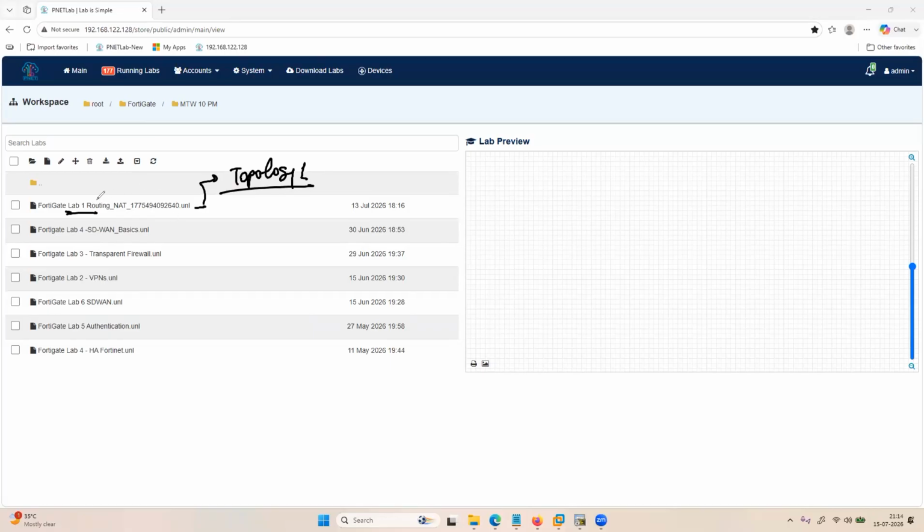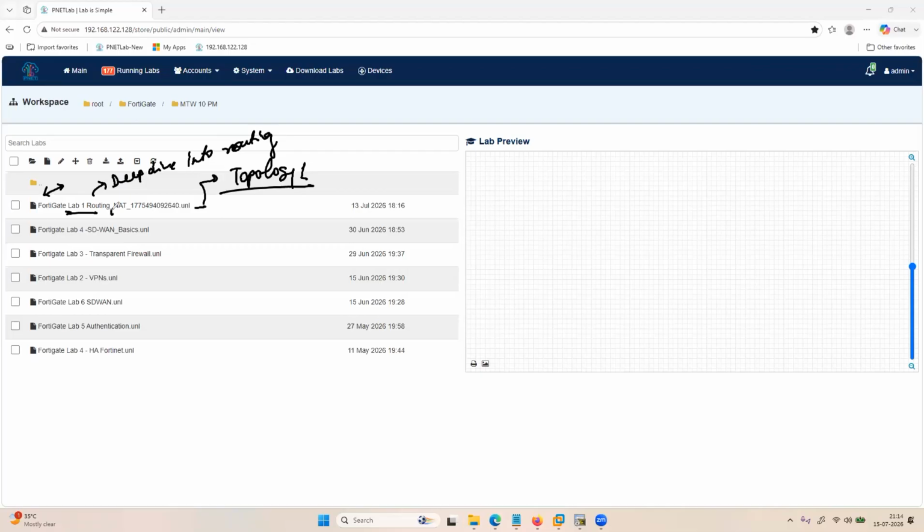So using this topology, we are going to see a deep dive into routing. Routing on FortiGate firewall, and also its compatibility with other vendors. Let's take a good example of Cisco. Let's take a good example of Palo Alto, right? So you will not only do routing with FortiGate, we are going to do routing with FortiGate plus different vendors.